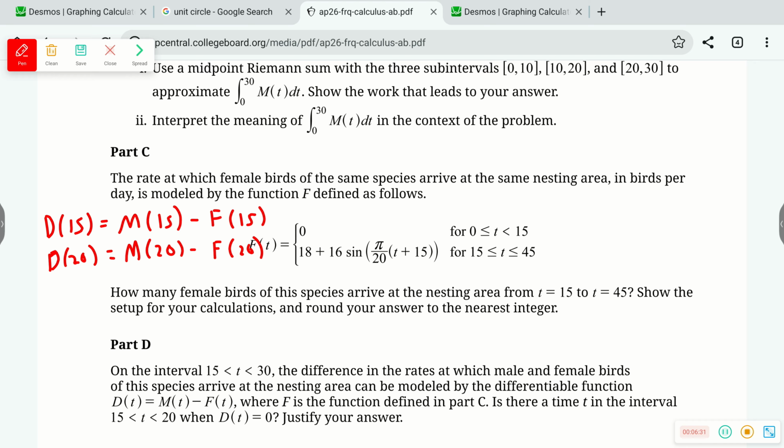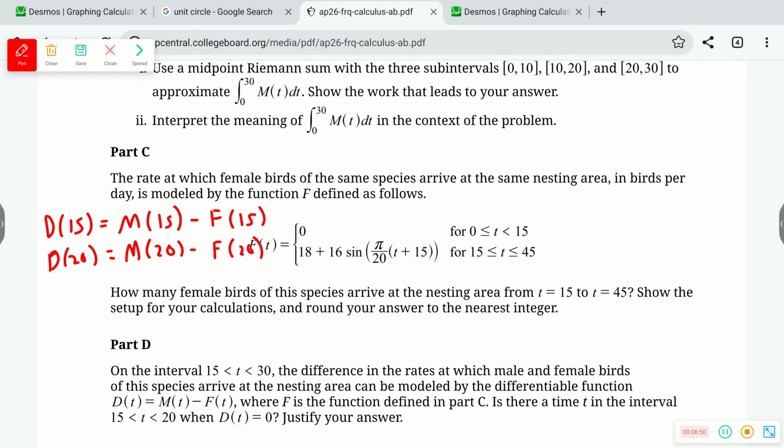So let's figure out these two things. M of 15, that's going to be from our table. I'm going to have to look over here in this other paper. This crazy thing that I have won't let me zoom back and forth.